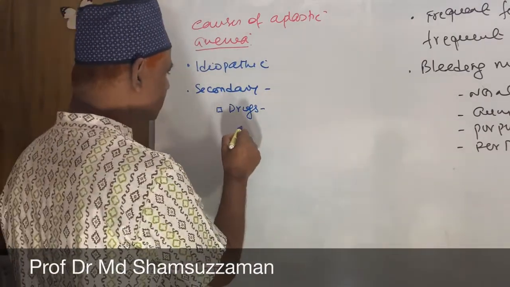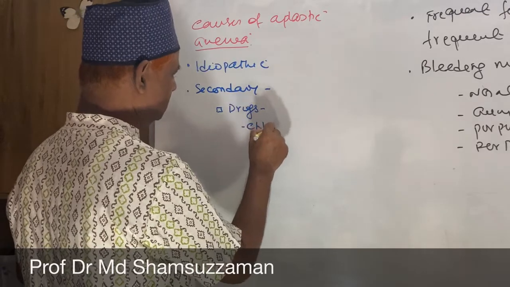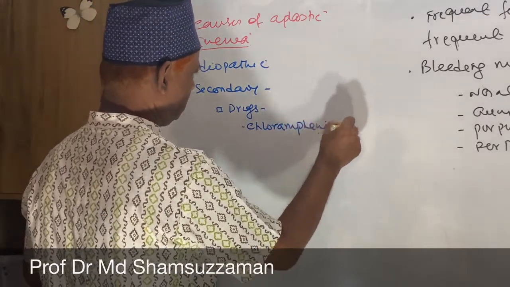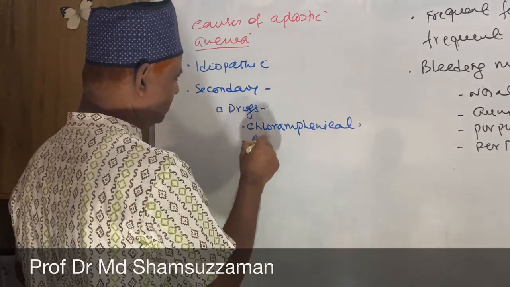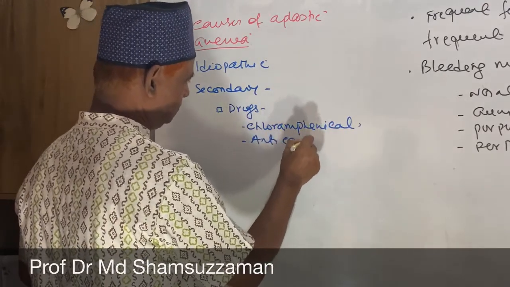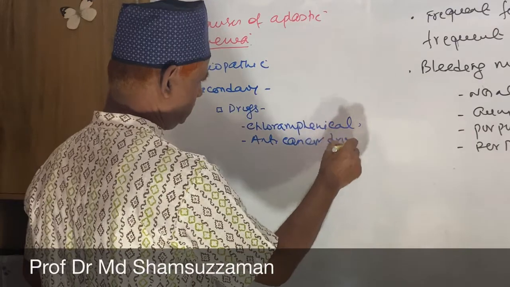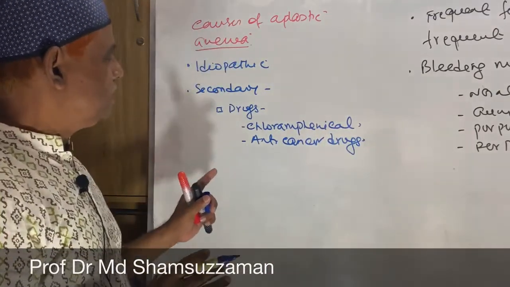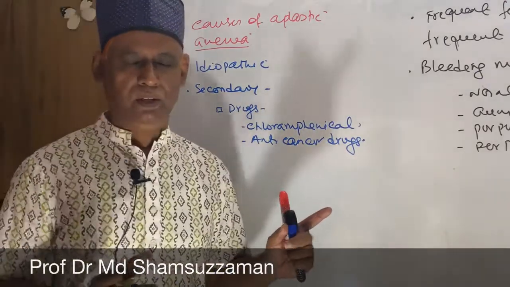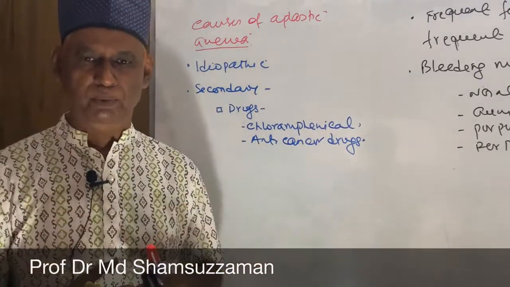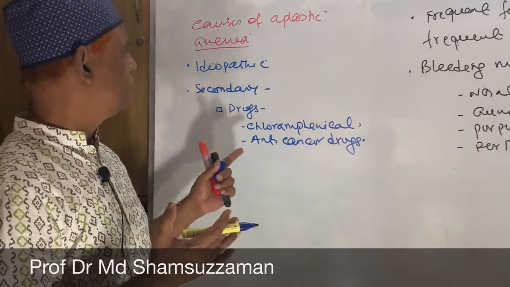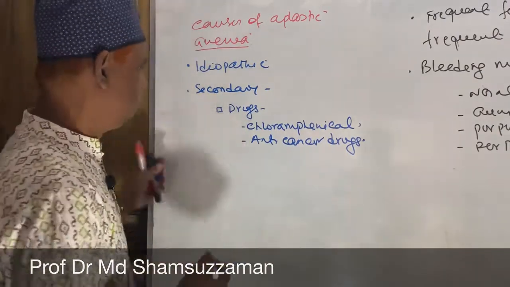What are those drugs? Like chloramphenicol, anti-cancer drugs. Nowadays, if a patient bearing cancer is given chemotherapy, after getting chemotherapy there is a chance of development of aplastic anemia.